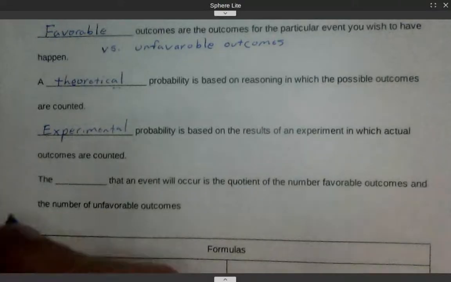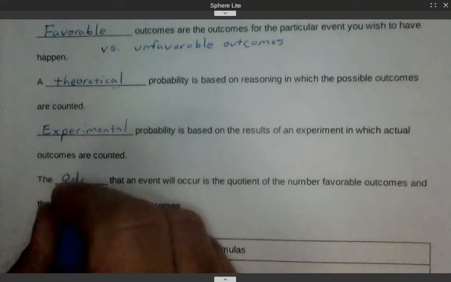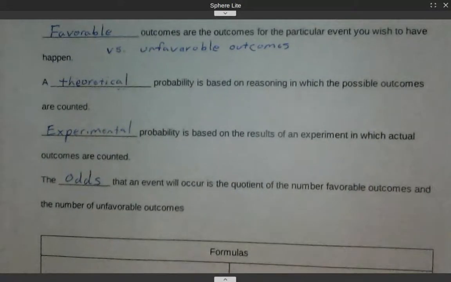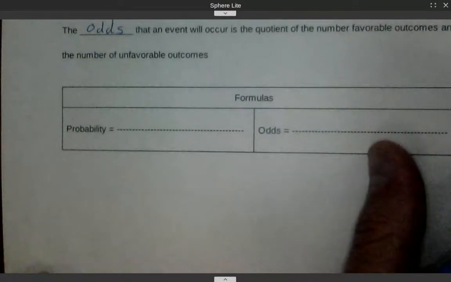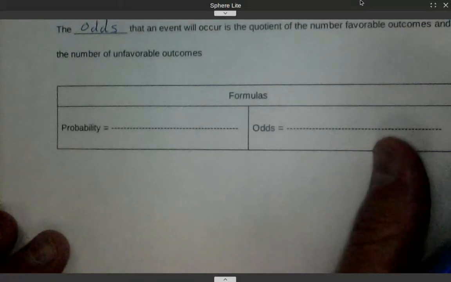We also have the odds. The odds on an event that will occur is the quotient of the number of favorable outcomes and the number of unfavorable outcomes. So we have two formulas that you have to know, one for probability and one for odds.